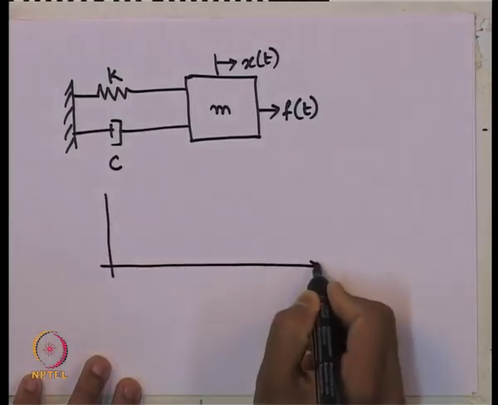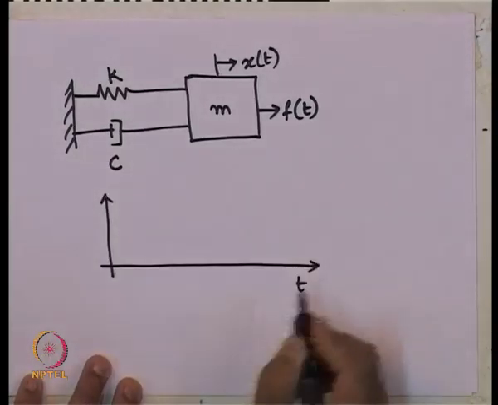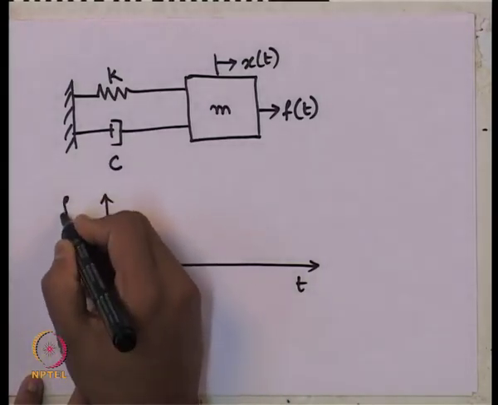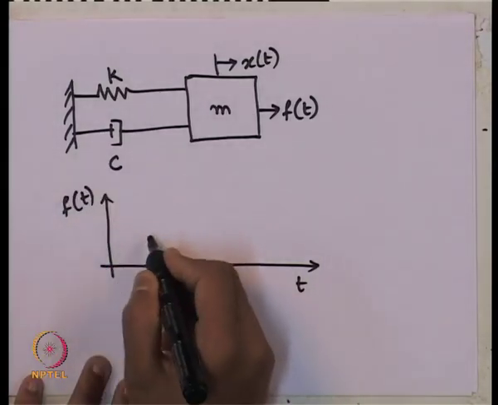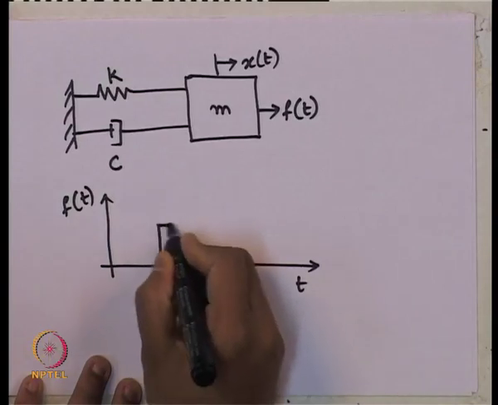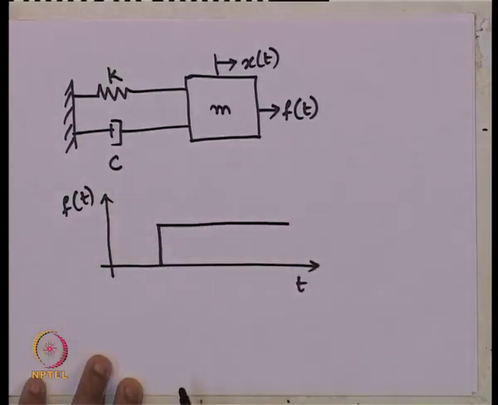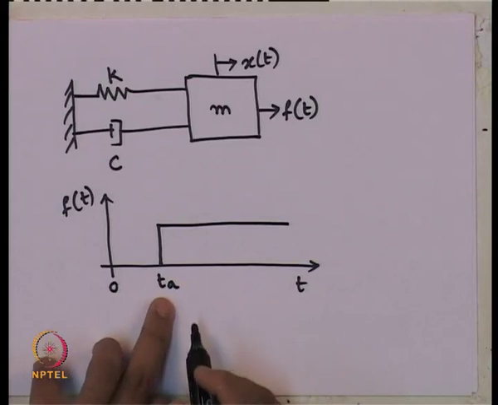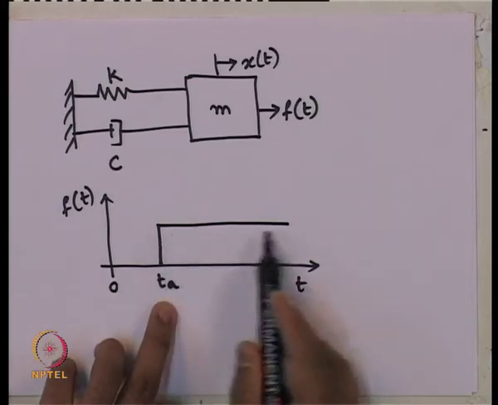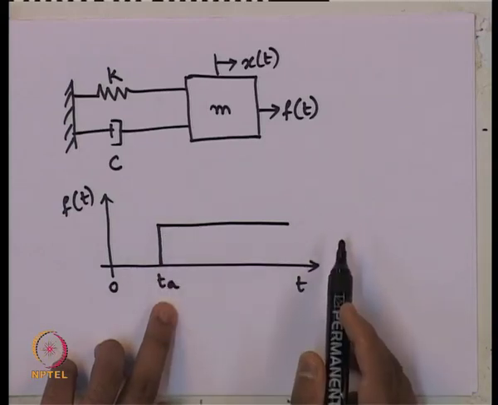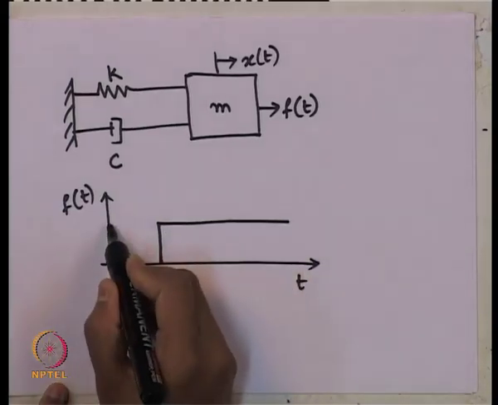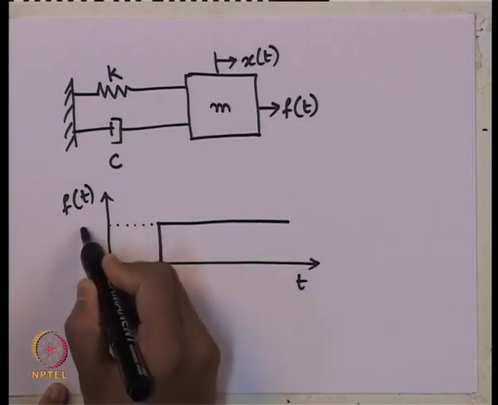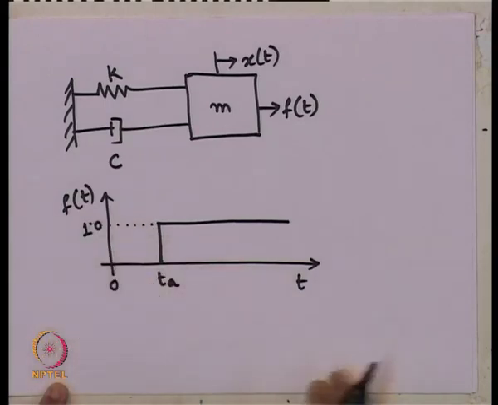Let us say we are defining f of t as something like this. Okay. What does it mean? That the forced vibration is starting at time t a, and then it maintains a constant value with respect to time, and let us say the magnitude of this is unit magnitude.